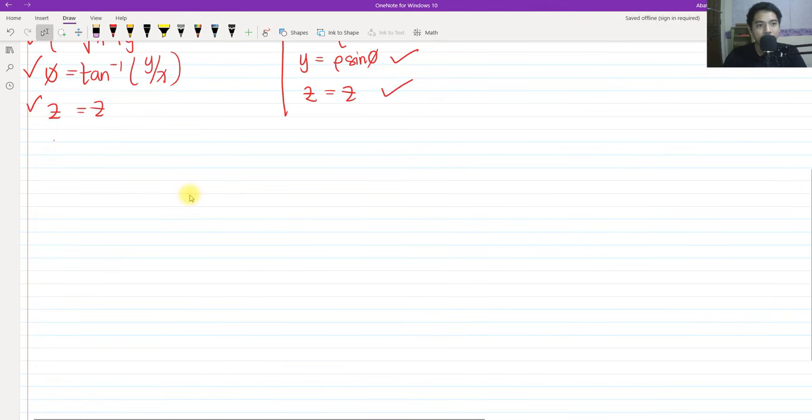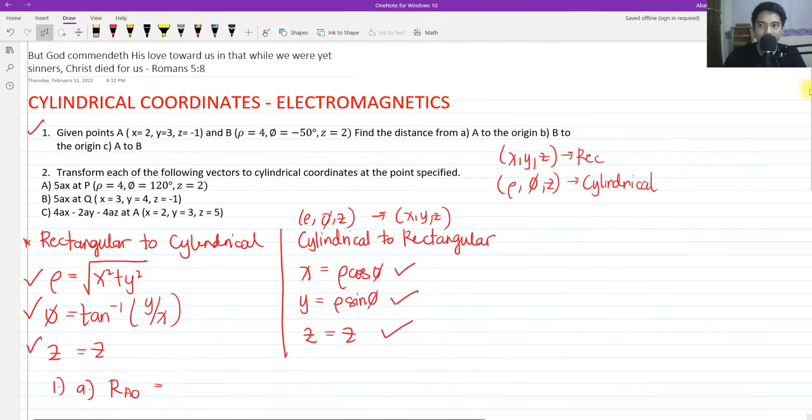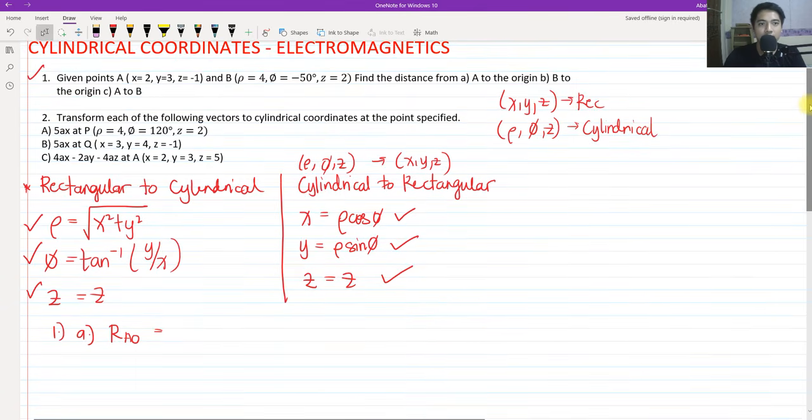For number one, we need to find the distance of the vector from A to the origin. Our terminal point is the origin. First we have to find the vector from point A to the origin. The origin has coordinates 0, 0, 0, so that is our terminal point.